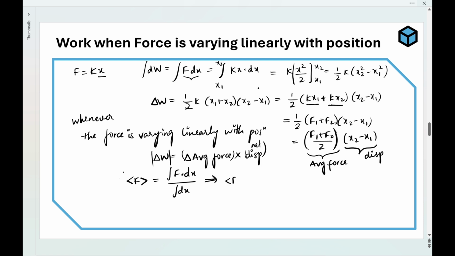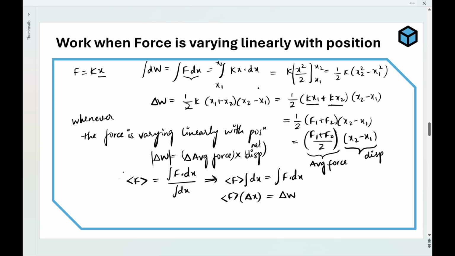So we can write average force into the integral of dx is equal to the integral of f dx. This is nothing but the work done, the integral of f dx, and the integral of dx is delta x, which is the net displacement. So this is always applicable.